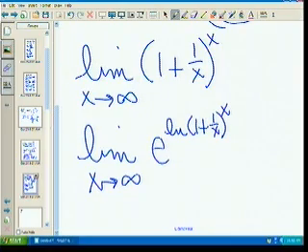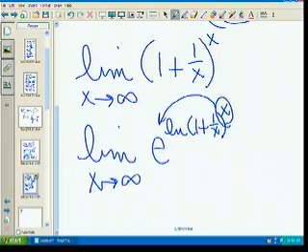Bring down the x. Okay, the x actually can come out in front now. So this fact that we had an x in exponent position, now this x, because we're dealing with the natural log of something to a power, that power can come out front in product form.